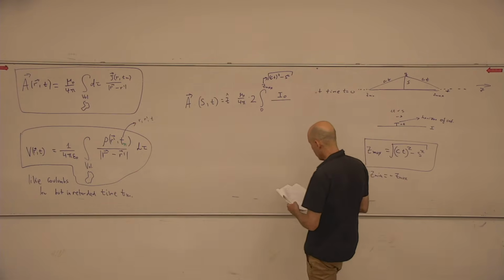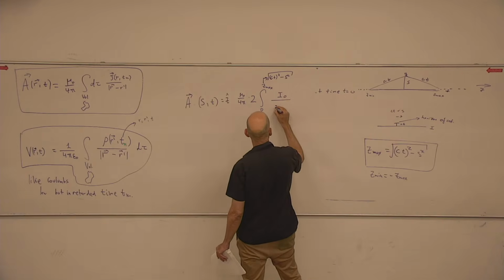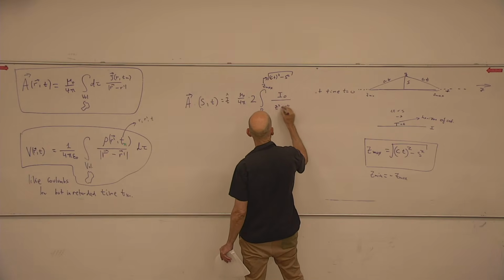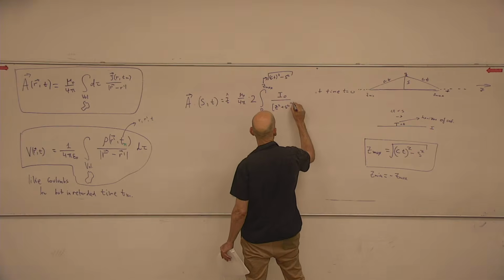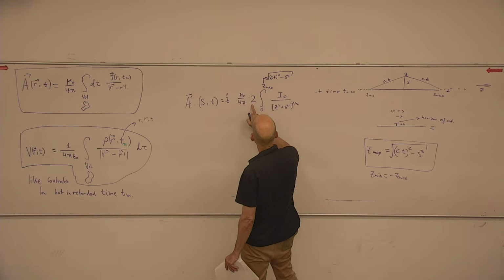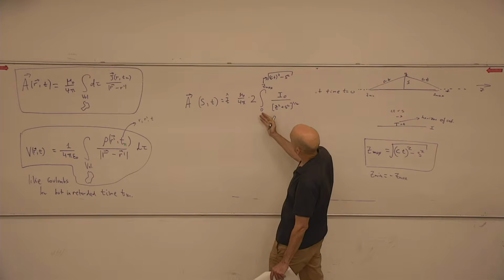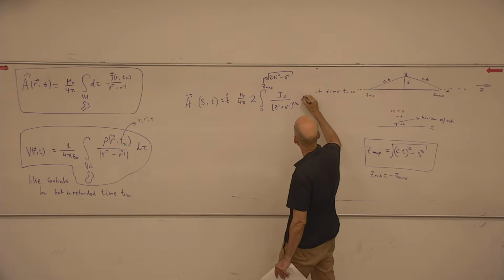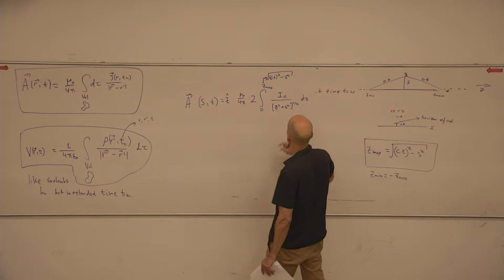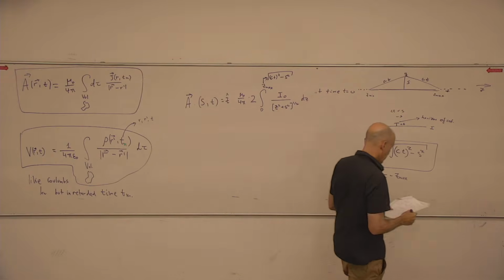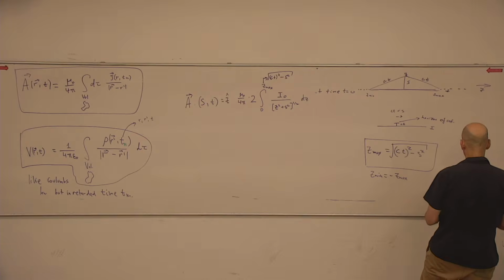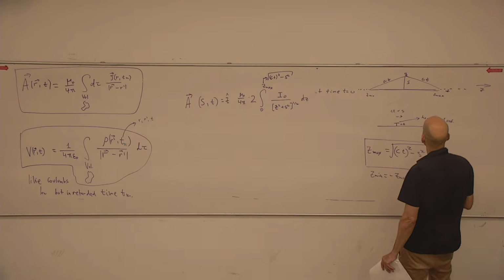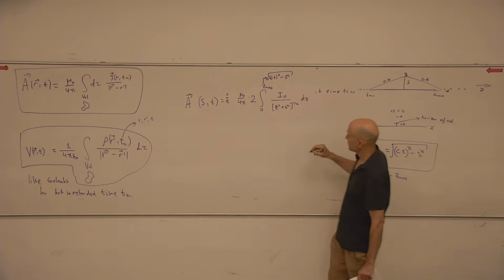And then we have here the square root of z squared plus s squared. Now why do we have 2? Because the integral is actually from minus z max, but then you do it 2 times. And here I have dz. What is this, z squared plus s squared?